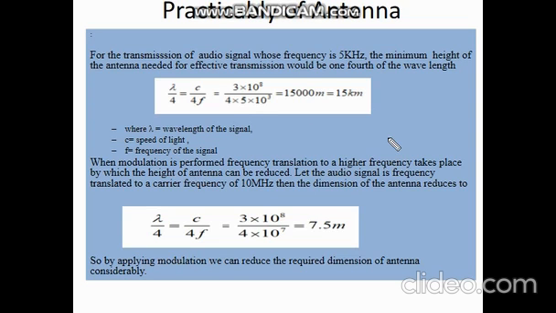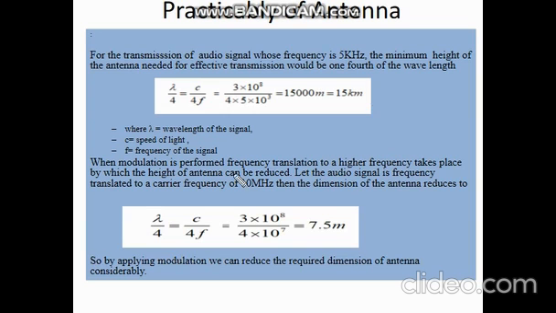So instead, if you perform modulation and then transmit the waveform, applying a carrier signal to the audio signal, the dimension of the antenna will be less. When you perform modulation, frequency translation takes place, that is, up conversion of the frequencies from a low frequency to a high frequency.